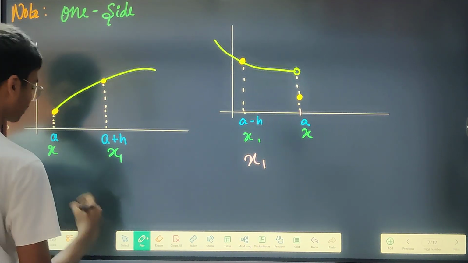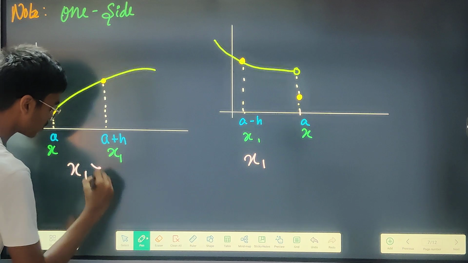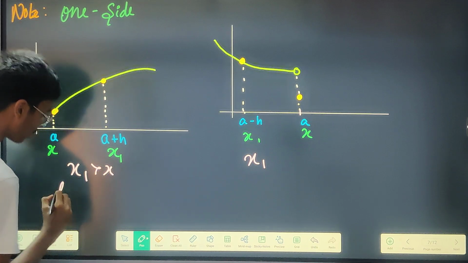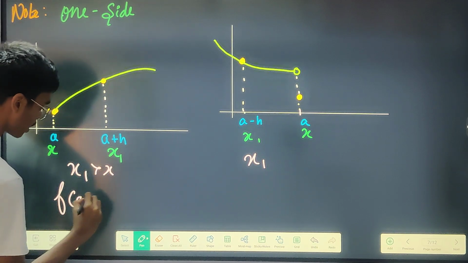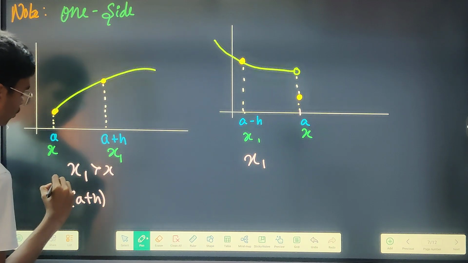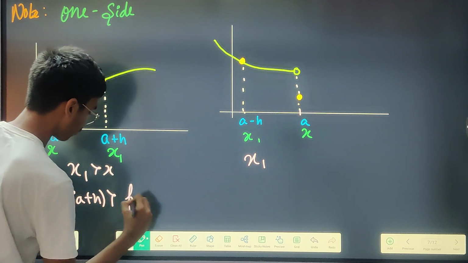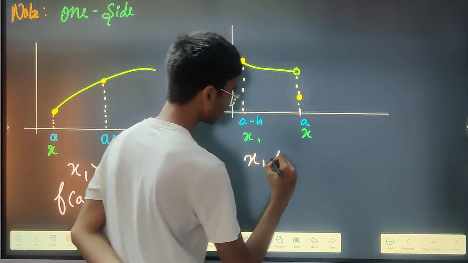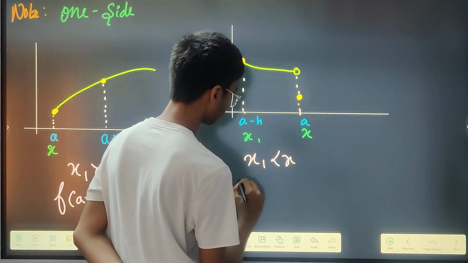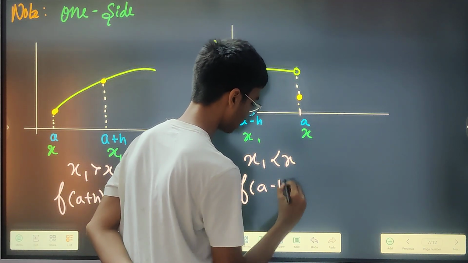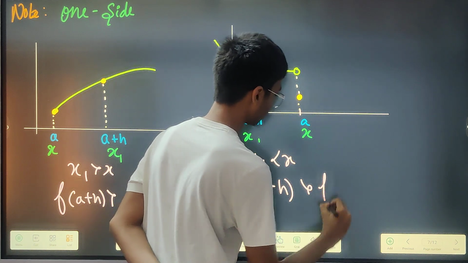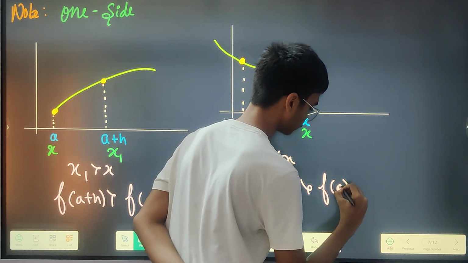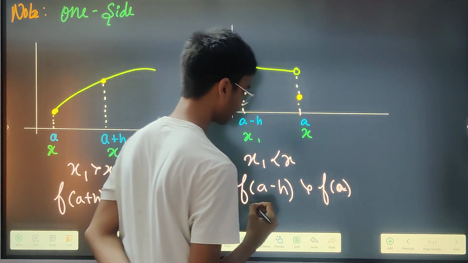Here it should be x1 should be greater than x, and then f of a plus h should be greater than f of a, then it is known as increasing. Here, f of a minus h should be greater than f of a.